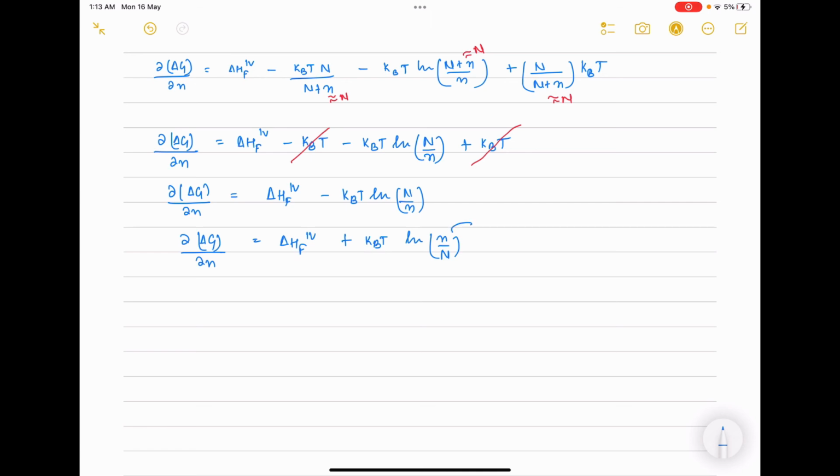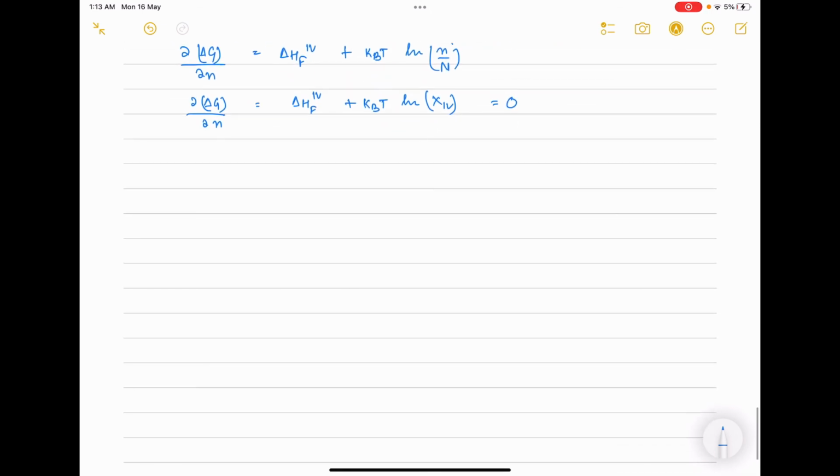So this can be written as x1v, or fraction of mono vacancies. So del of delta G by del N is equal to delta HF 1v plus kBT ln x1v, and this is equal to 0.